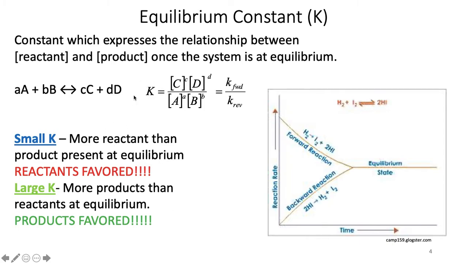Let's look at K and figure out if we can tell whether we have a small value for K or a large value for K, and whether that tells us anything about the reaction itself.